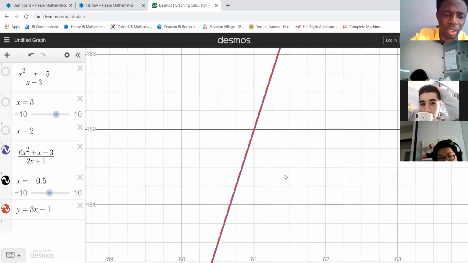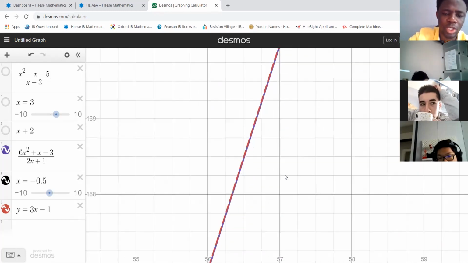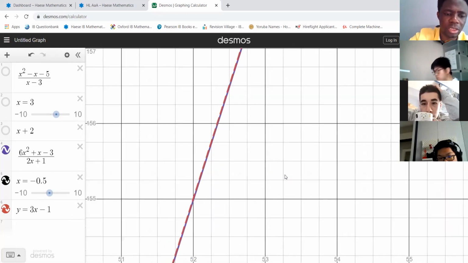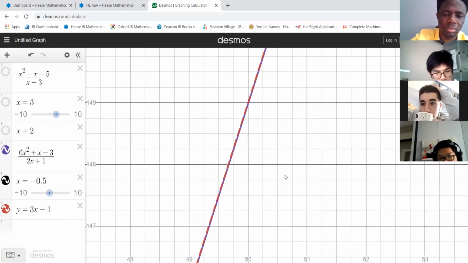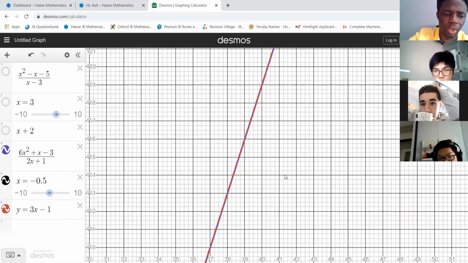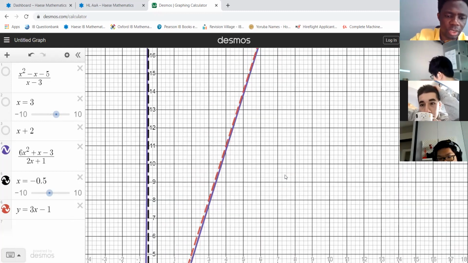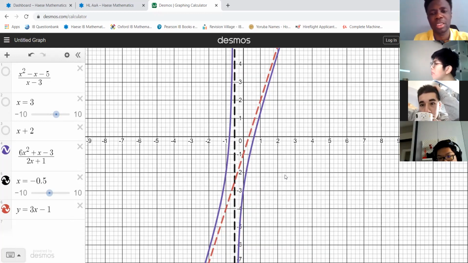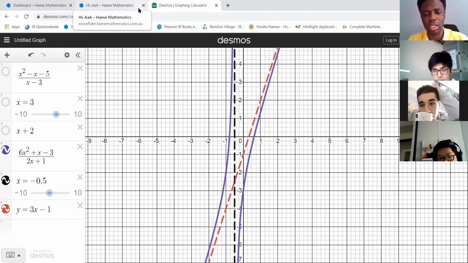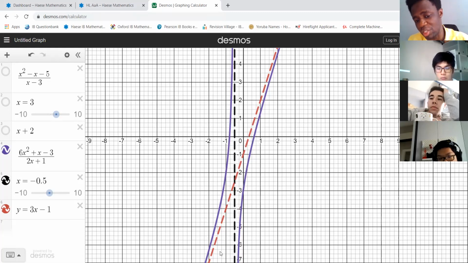That's all you have to say. Question, please. No questions. Okay, as x tends towards infinity, the graph approaches the line. So either way, both positive and negative infinity is the same.